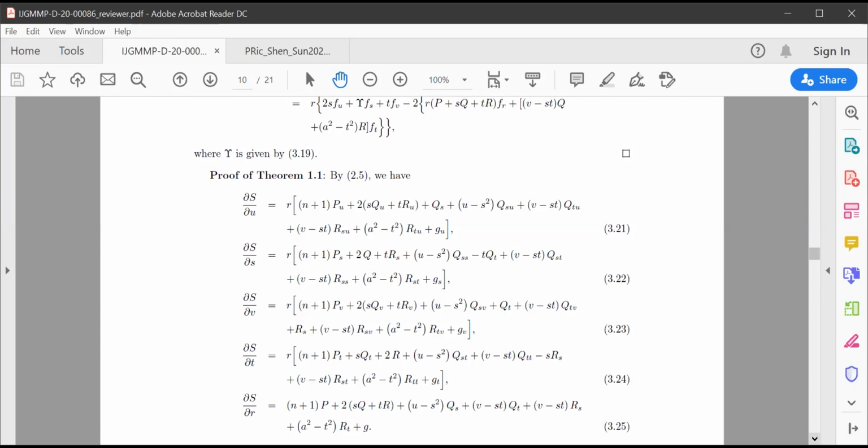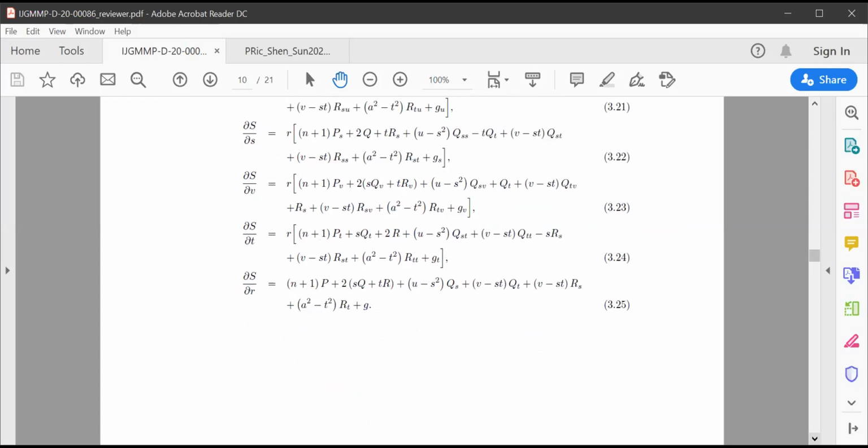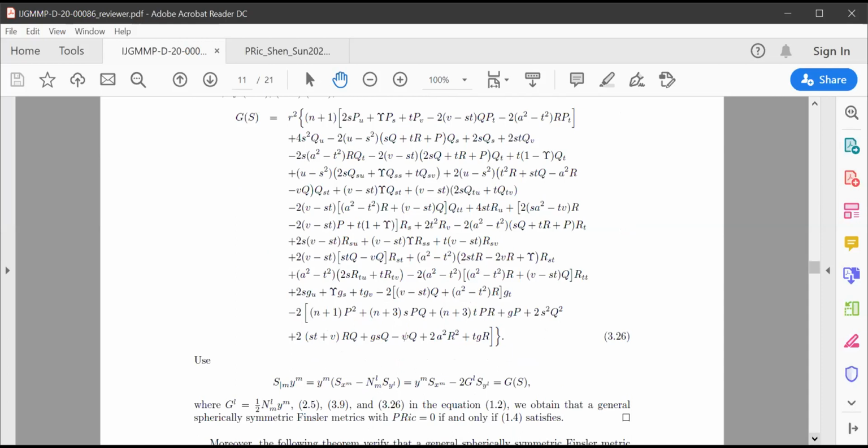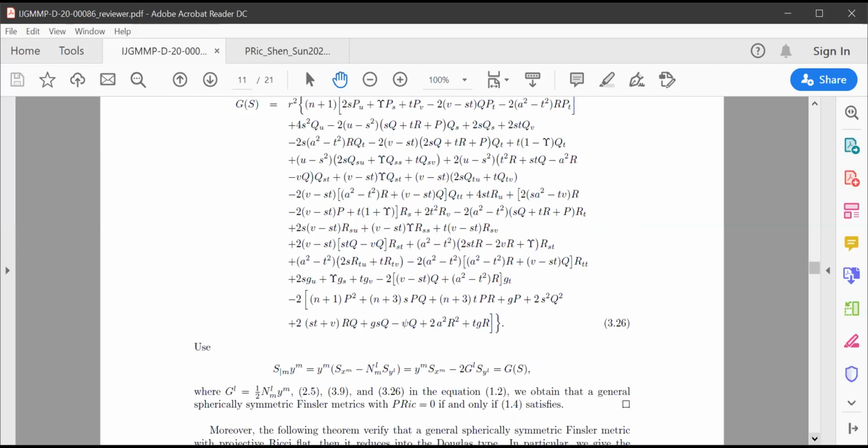So you have to go through this computation. Finally you get such complicated terms, so many terms.